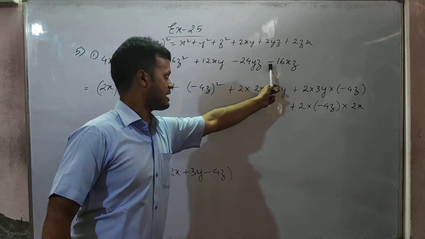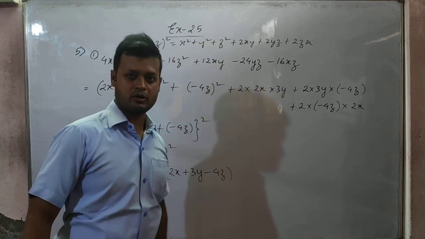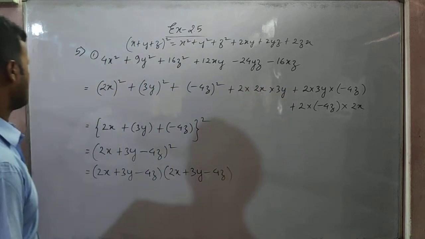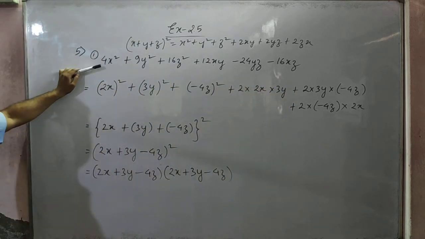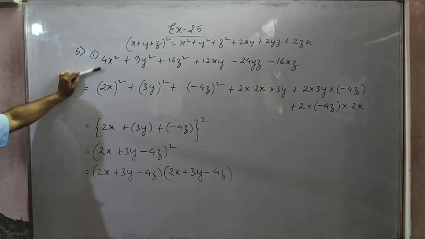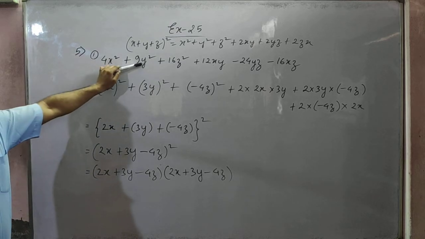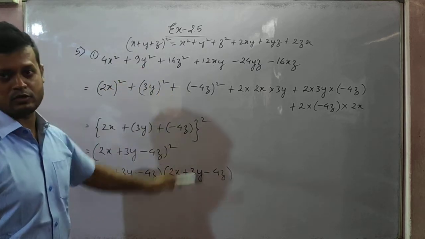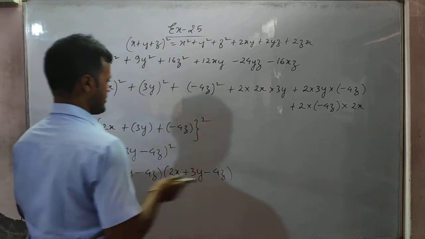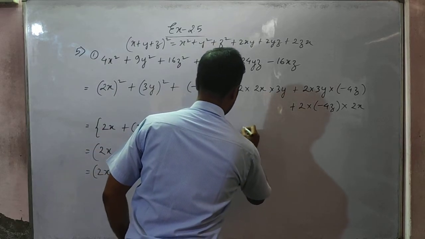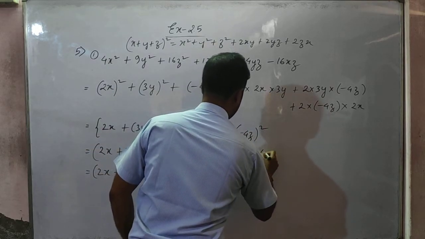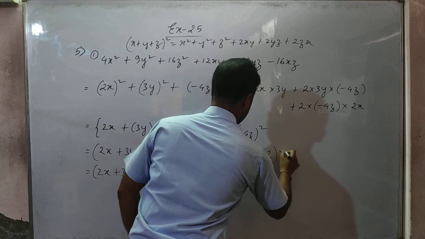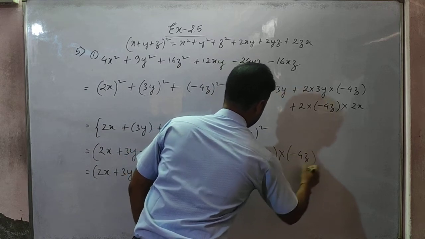And on this side, here also a negative sign is there, it is also coming because of z only. So that's why in place of 4x square, I wrote 2x whole square, then for 9y square I wrote 3y whole square, then for 16z square I wrote minus 4z whole square. Minus 4z whole square, students, that means minus 4z into minus 4z, isn't it?